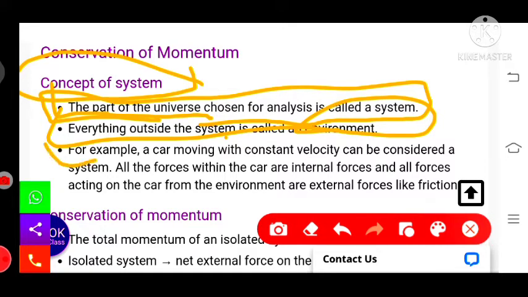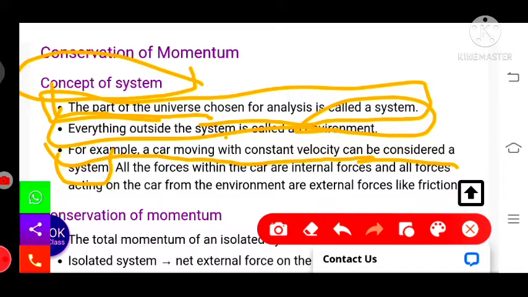For example, a car moving with constant velocity can be considered a system. Let me take a car which is moving with a constant velocity. Let's assume that the car is the system, and the forces within the car are internal forces.